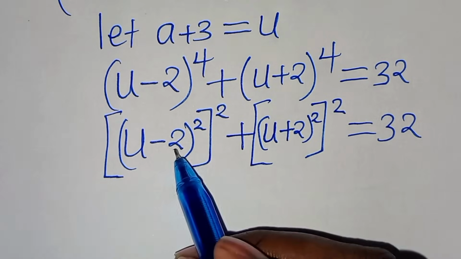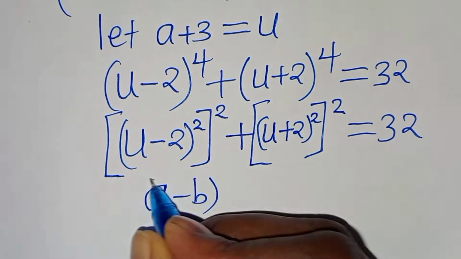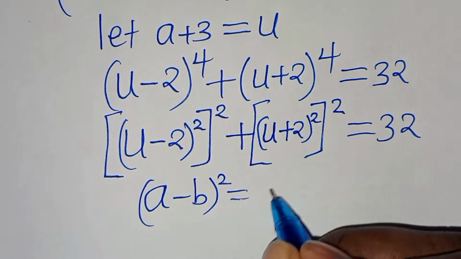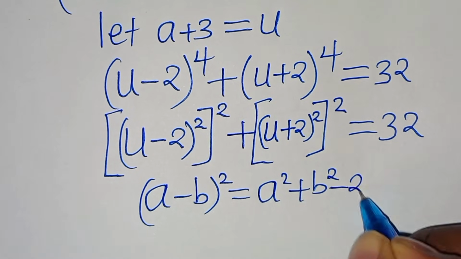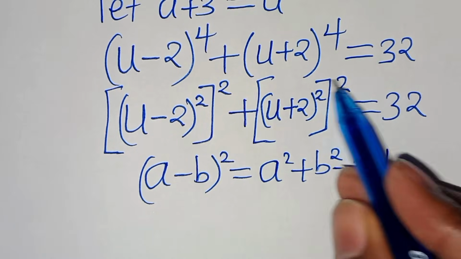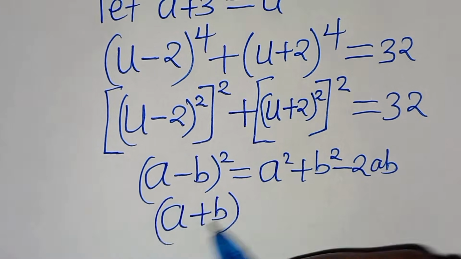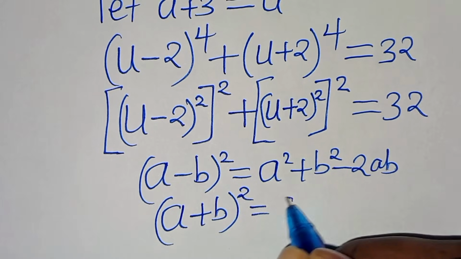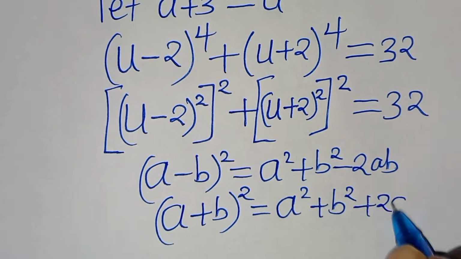Now, (u - 2)^2 is in the form of (a - b)^2, which we can express as a squared plus b squared minus 2ab. And (u + 2)^2 is in the form of (a + b)^2, which we can express as a squared plus b squared plus 2ab.